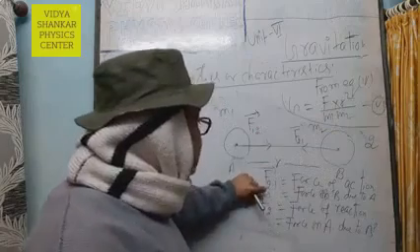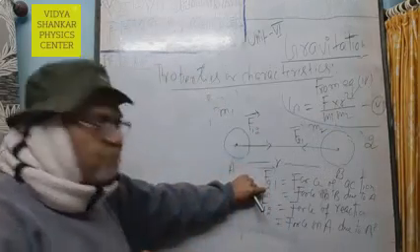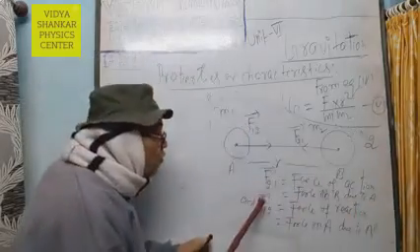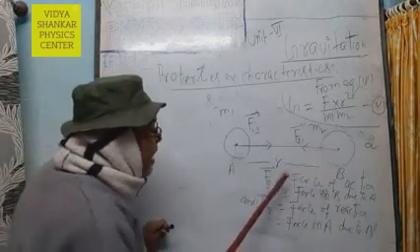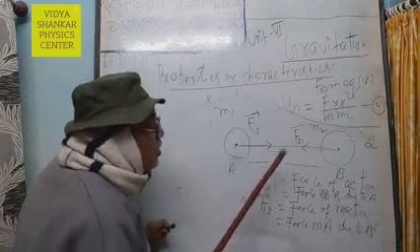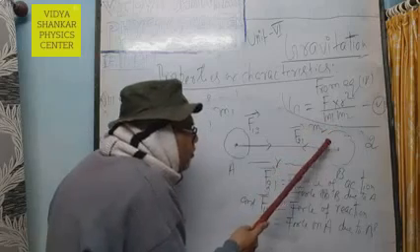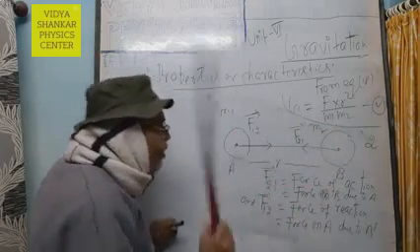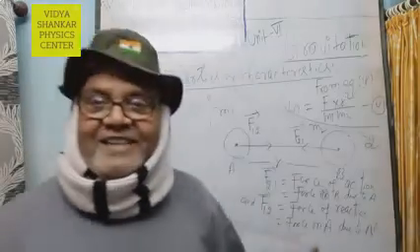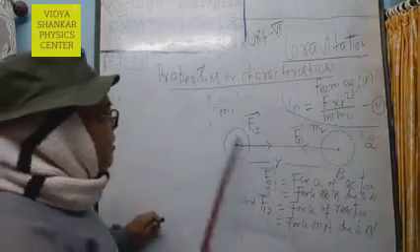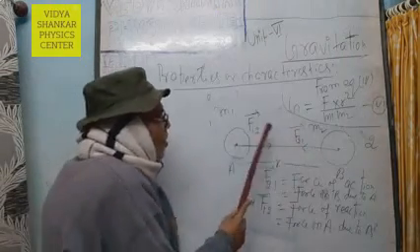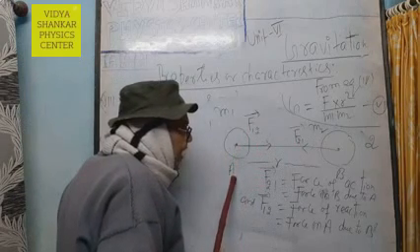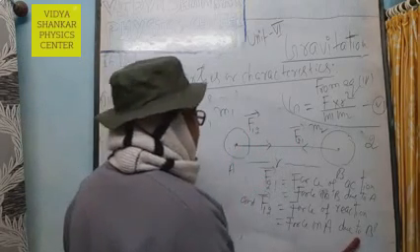F21 vector means force on the second body, force on body B due to A. That is called the force of action. Now second, the force of reaction: the force on the first body means force on A due to B.